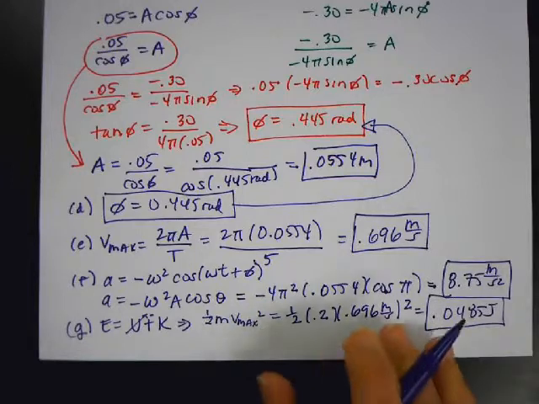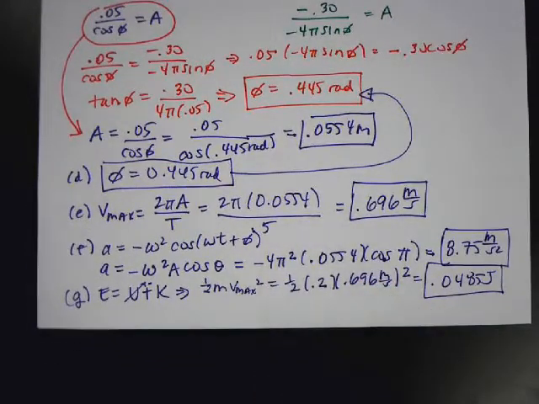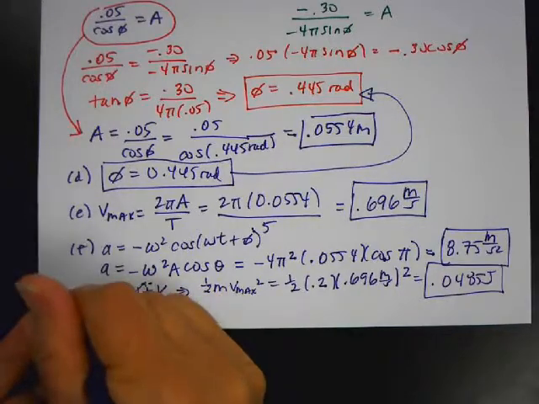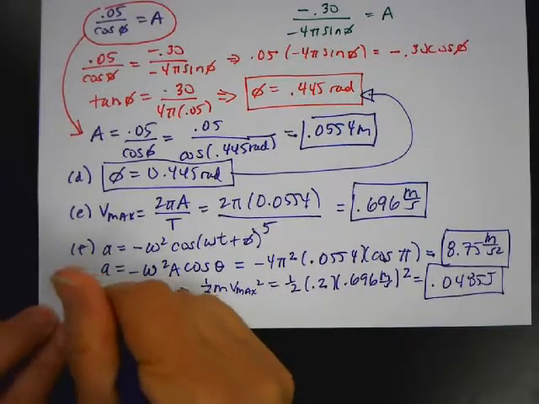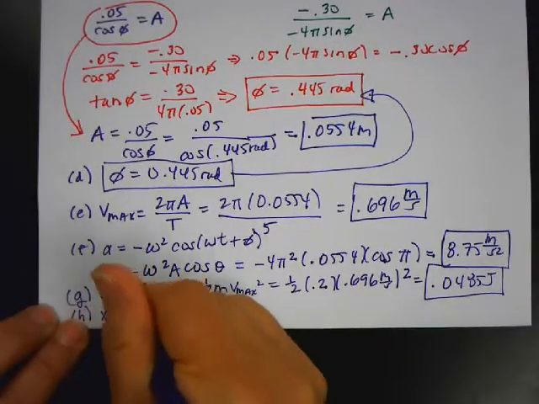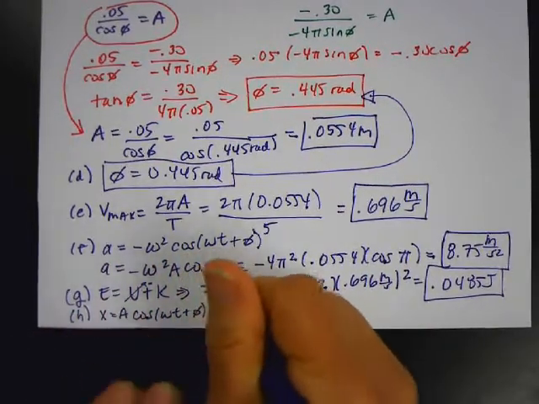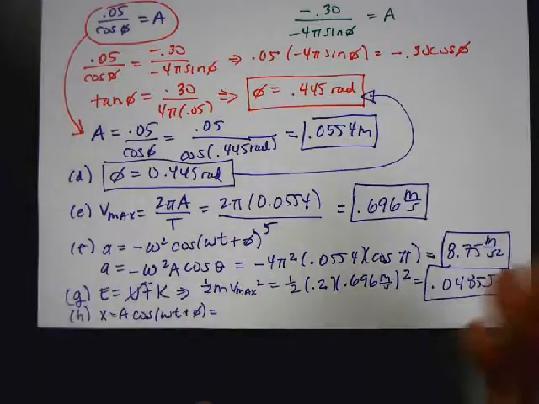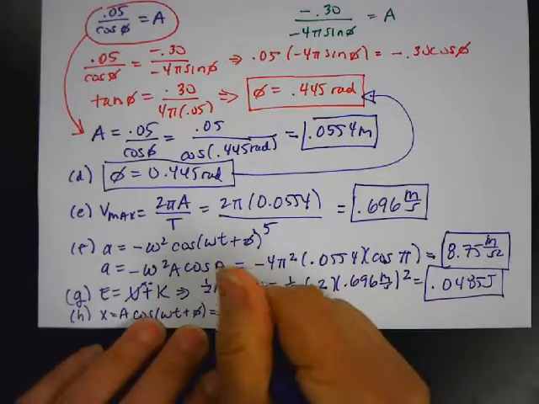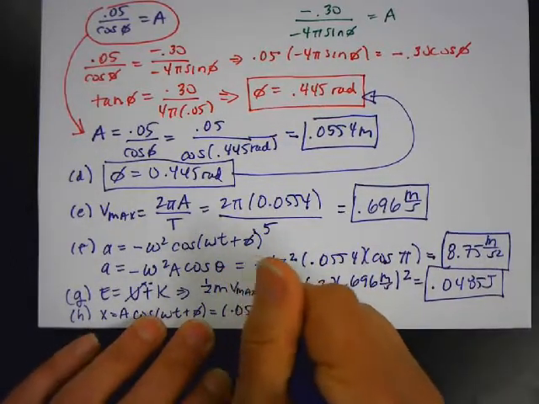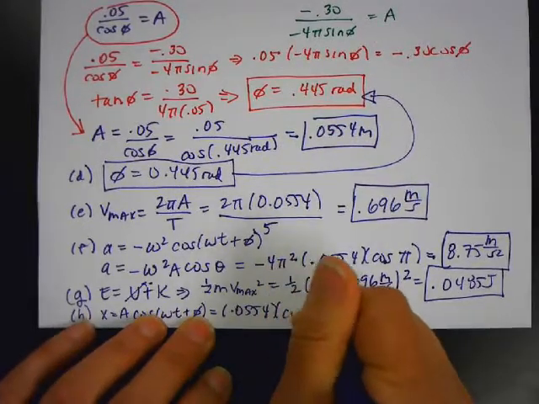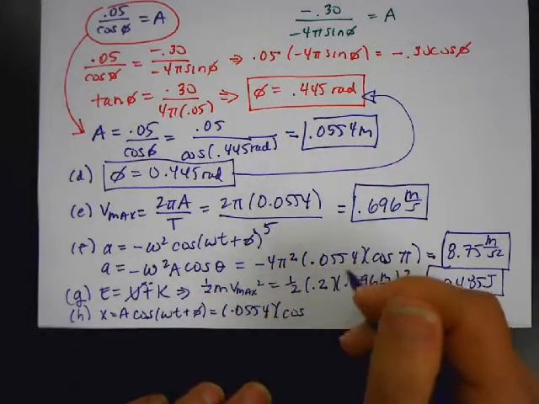And then the last part, part H, says find the position at t equal to 0.4 seconds. So for H, again, we have x is equal to A cosine of omega t plus the phase constant. So now I'm just going to substitute all the values that I just found. So it's going to be 0.0554 times cosine. So all of this, I'm going to have to do a big parenthesis.